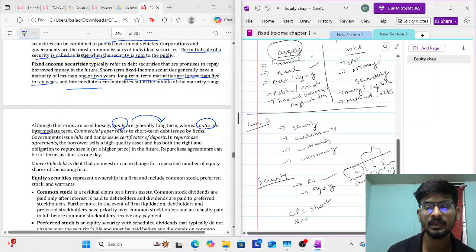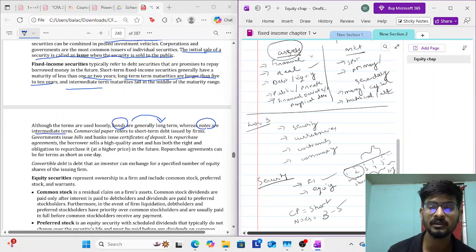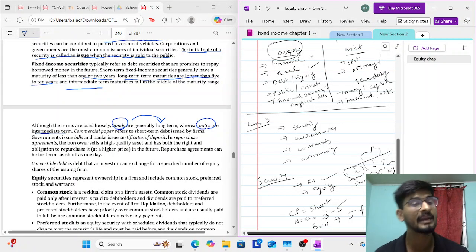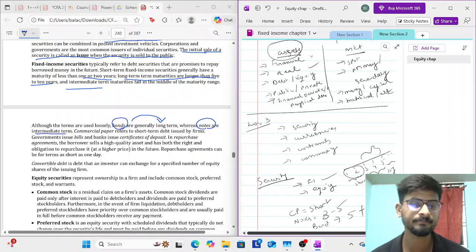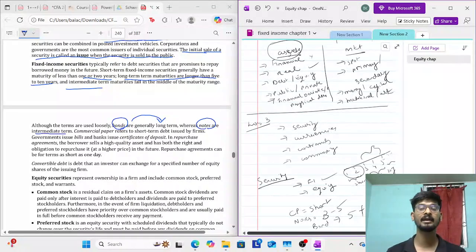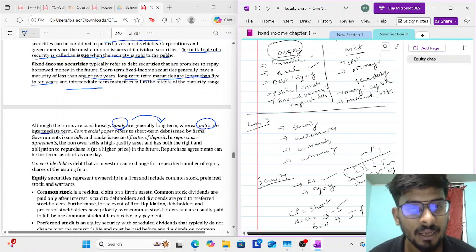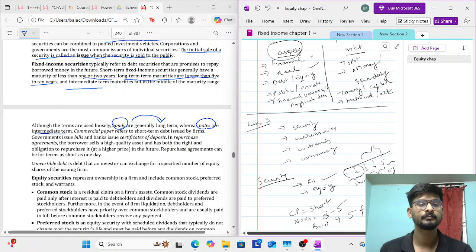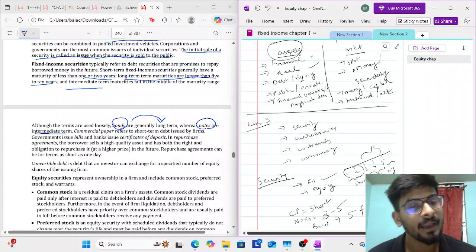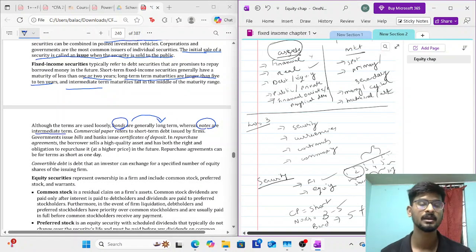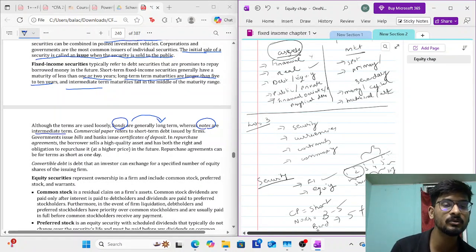When anyone says bond hereafter, that is 5-plus years tenure, maturity. It's good knowledge. Government issues bills and banks issue certificates of deposit. When government issues, it's a bill.